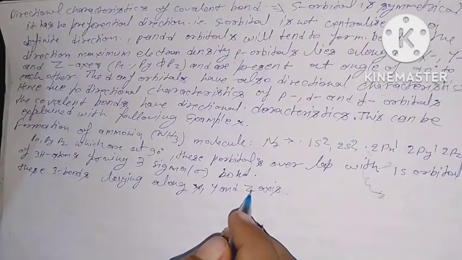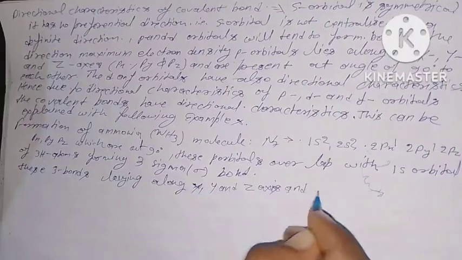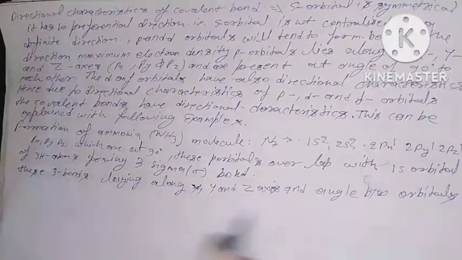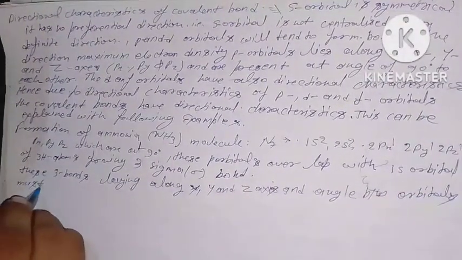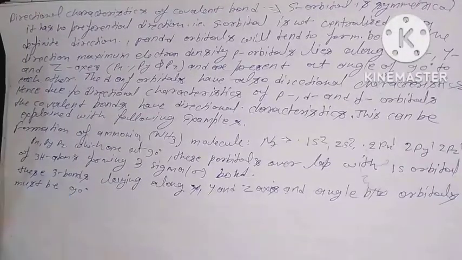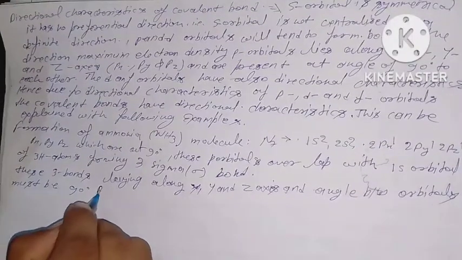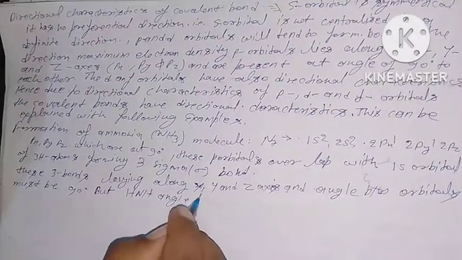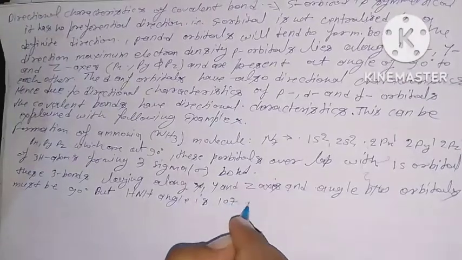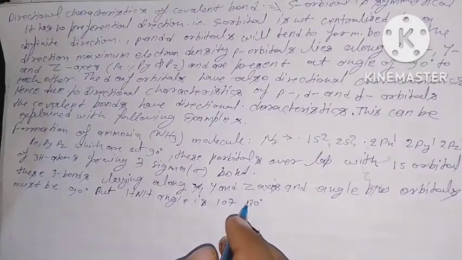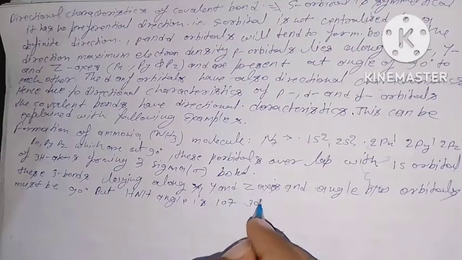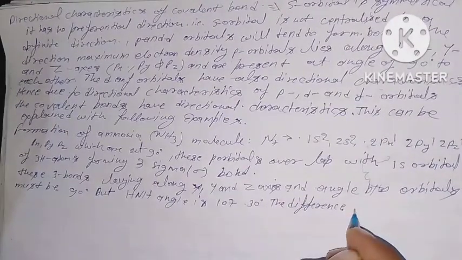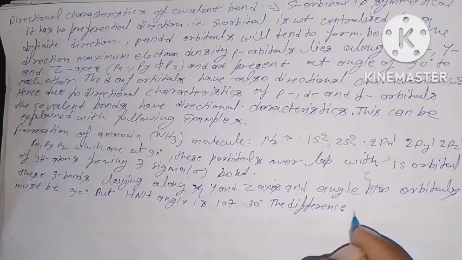The angle between orbitals must be 90 degrees, but the H-N-H angle is 107.3 degrees.